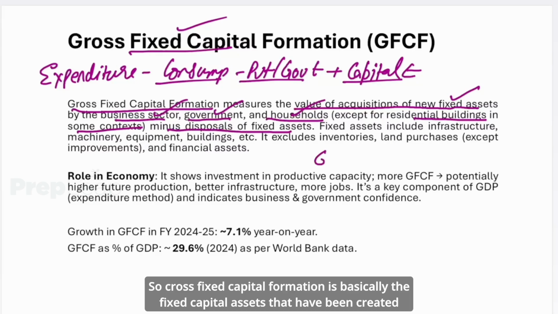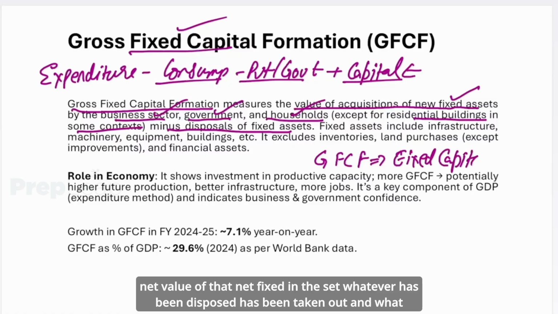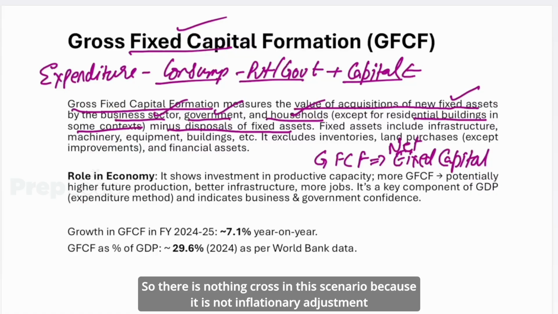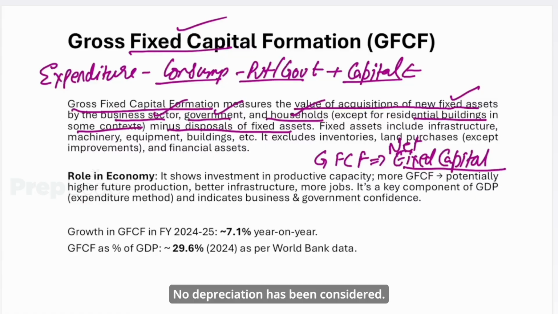So gross fixed capital formation is basically the fixed capital assets that have been created, net of whatever has been disposed. Why are we saying gross in this scenario? Because it is not an inflationary adjustment yet. No depreciation has been considered.